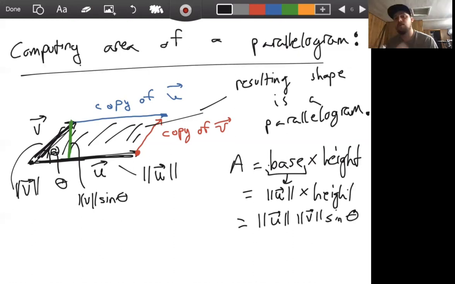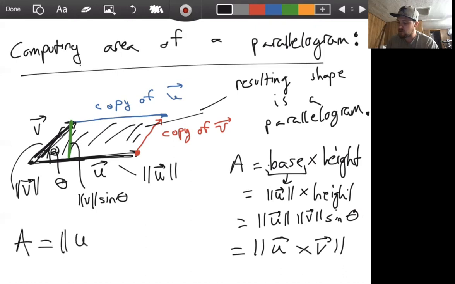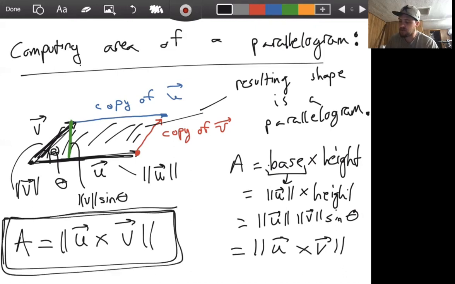But if you remember the theorem that we closed the last video with, it stated that this is exactly the magnitude of the cross product. So you can find the area of a parallelogram with adjacent edges u and v simply by calculating the magnitude of the cross product. This gives us a formula for calculating the area of a parallelogram just by knowing the vector representation of two of its sides, which is pretty cool.